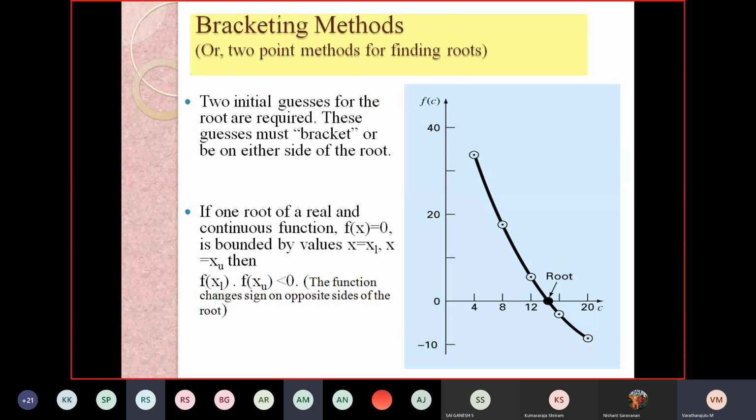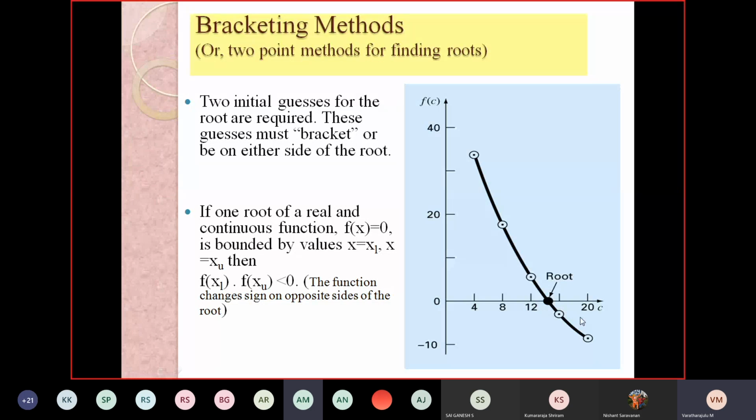Find this graph, and the curve which is given meets the x-axis at one particular point. That is your root. In this particular case, the given curve meets your x-axis between 12 and 16. Therefore, the result should lie between 12 and 16.